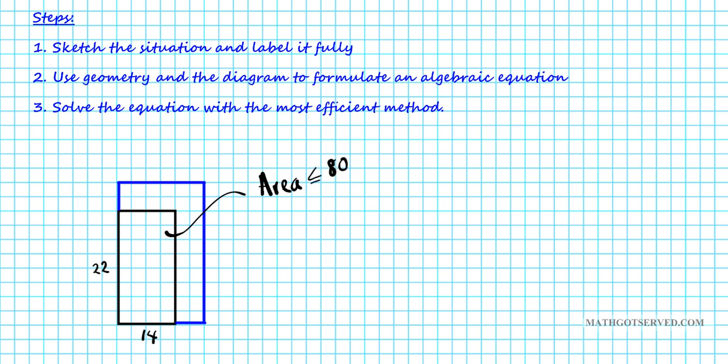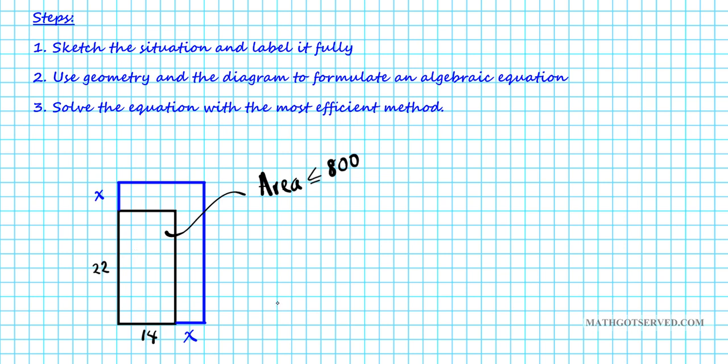Okay, less than or equal to 800. All right, so let's go ahead and label some more here. This is x. That's how much the width was increased by, and then the length or the height was also increased by exactly the same amount. That's what the problem indicated to us.